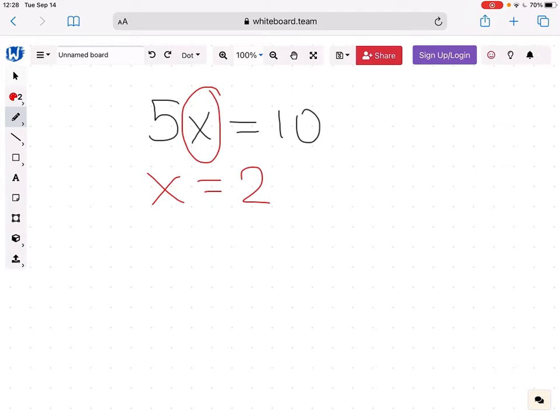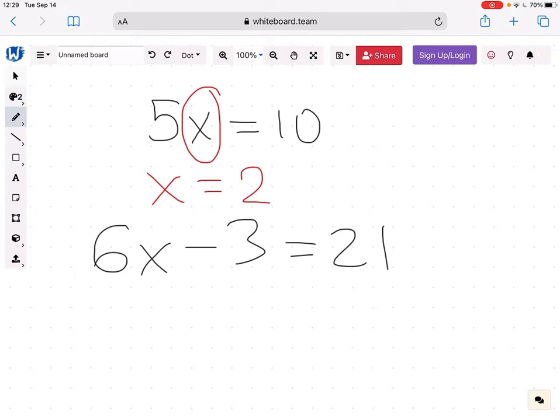Now this is probably one of the simplest equations you can have. Let's just make it a little bit more complicated. Let's write an equation like this. Here we have 6x minus 3 equals 21.